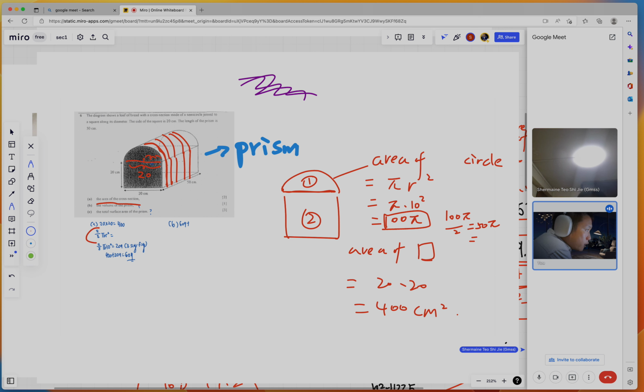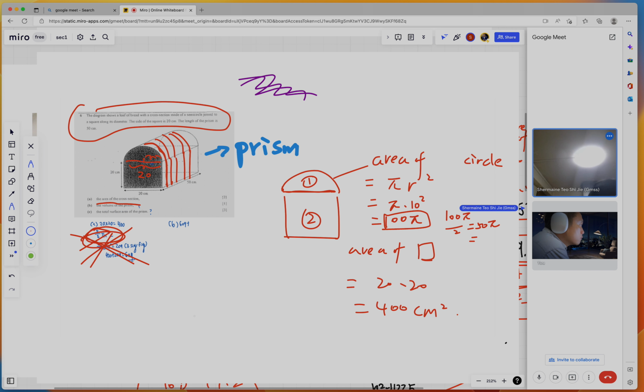You are wrong here because this is not a hemisphere. Did the question mention there is a hemisphere in this case? Yes or no? No. If no, then why do you use the 2/3 pi r cube or 2/3 pi r square? So no reason to use that formula. But anyway, you can write down the 50 pi already.